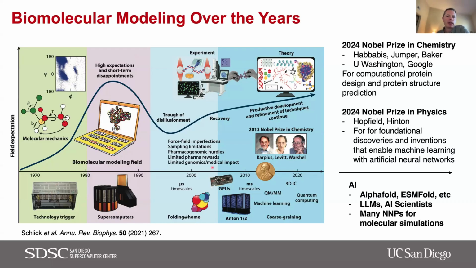In particular, since the mid 2000s or 2010, it's been taking off a lot. We had GPUs, for instance, and now there are a lot of developments in AI and machine learning. And with that, we started Amber development around 2008, 2009 to develop code for GPUs, and it's been going on for some time.